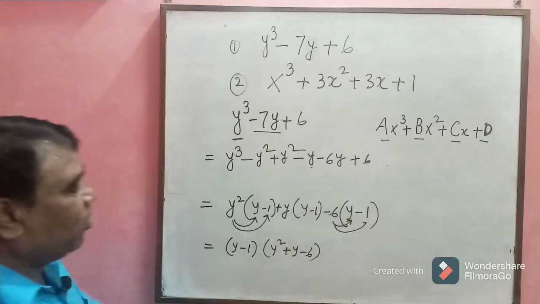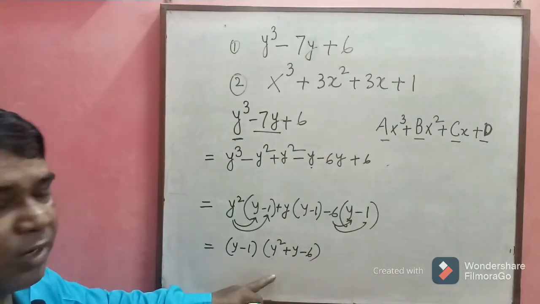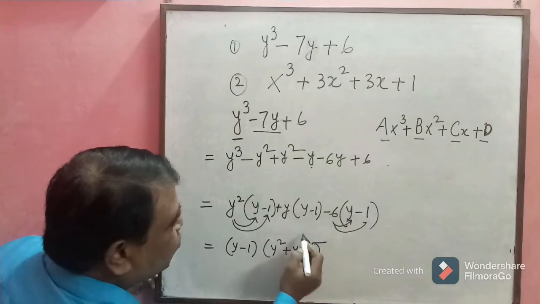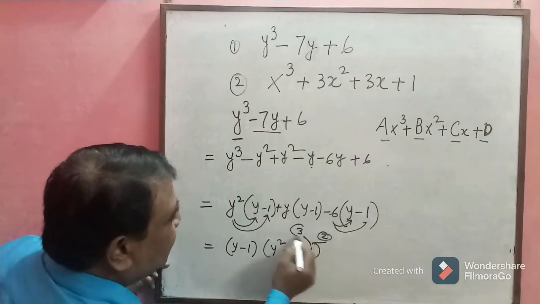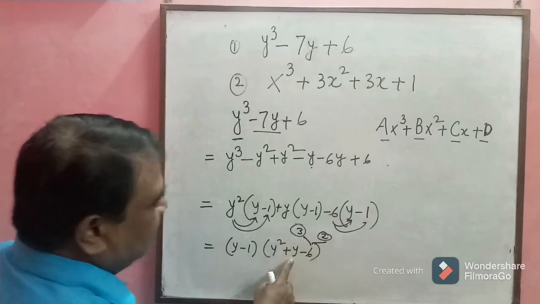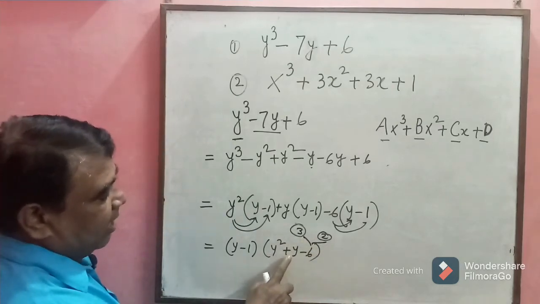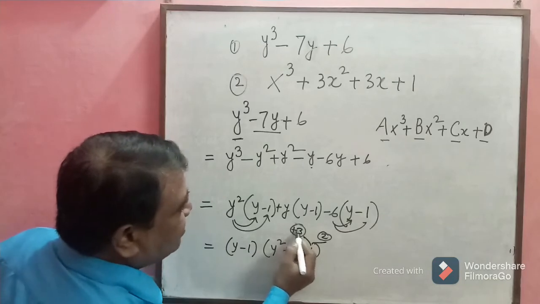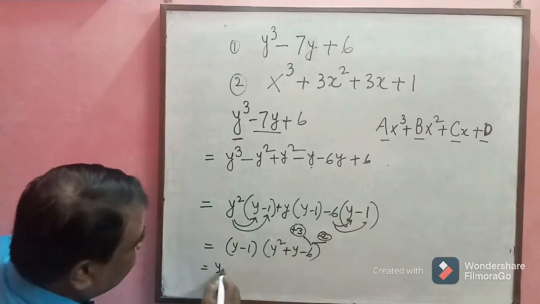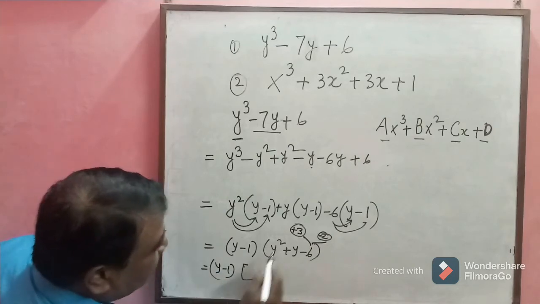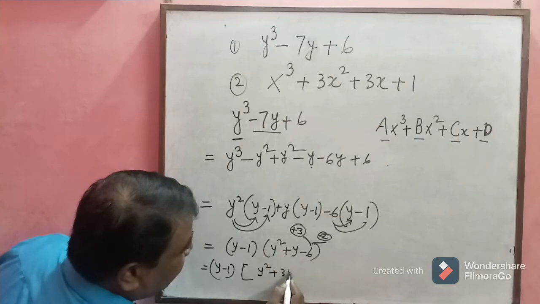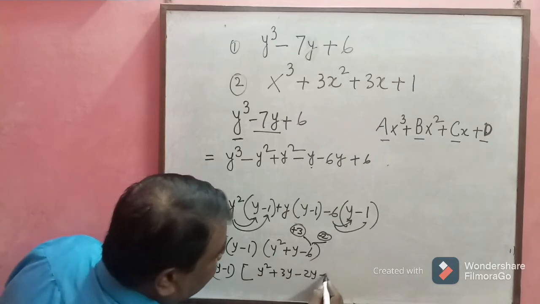And now you go for middle term splitting. That's what I told you regarding 3 terms. This is 3 into 2. If you take the LCM, 2 factors, 3 and 2, and 3 and 2 will give me 1. There is 1 coefficient and positive 1. So definitely plus 3, and this is minus 2. So I can factorize this one with the help of that: y square plus 3y minus 2y minus 6.